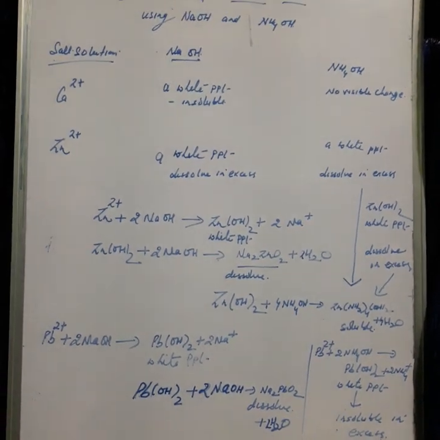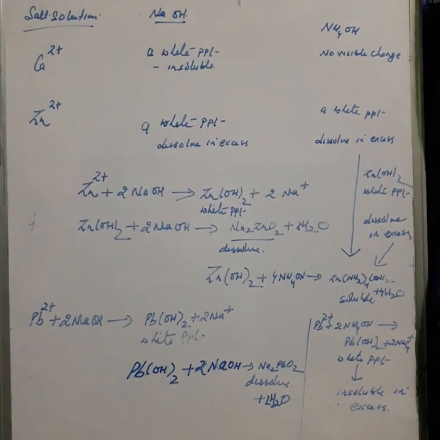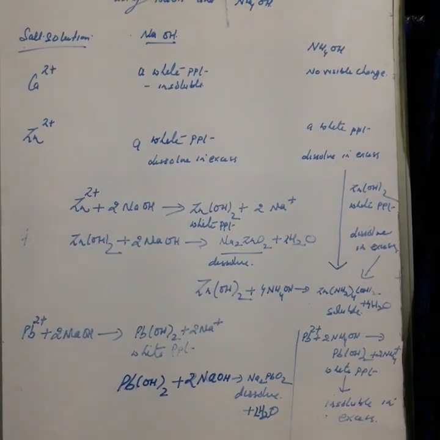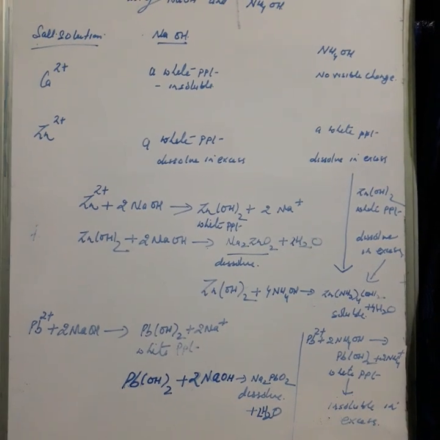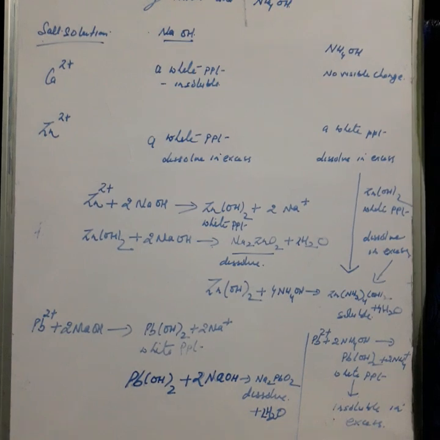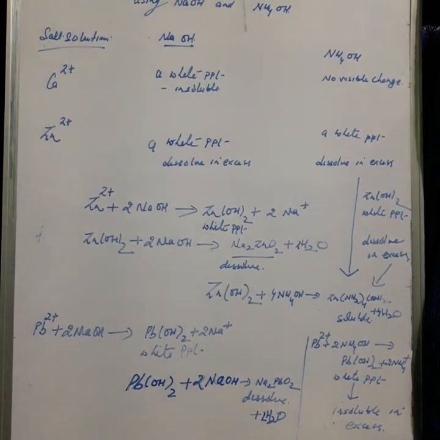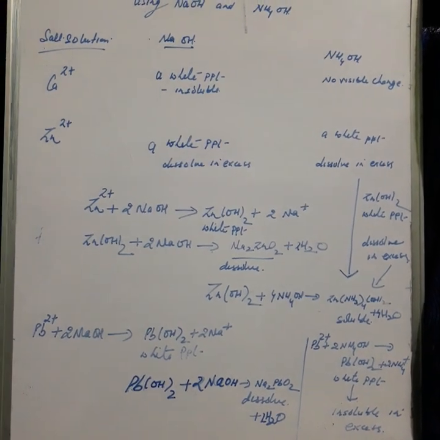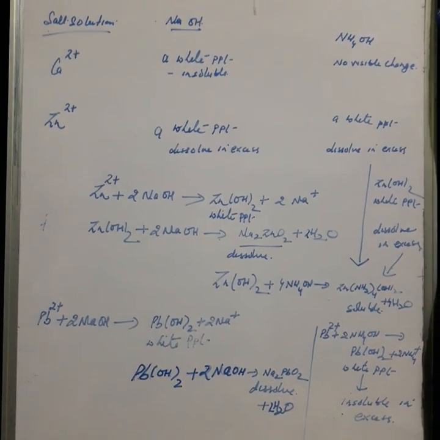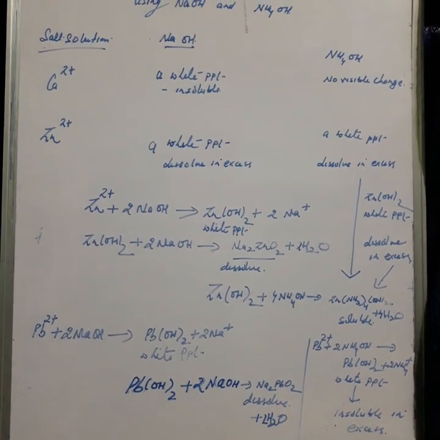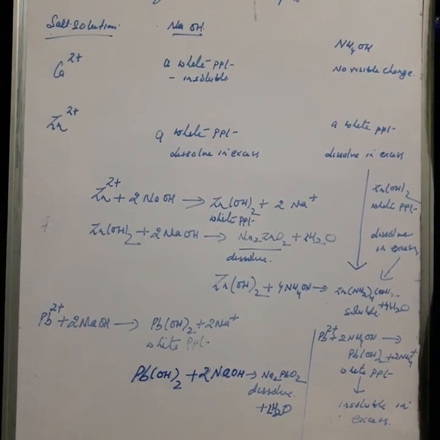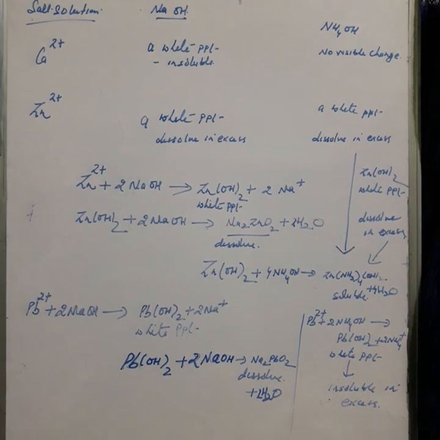Then the last two, ferrous and ferric. Ferrous reacts with sodium as well as with ammonium hydroxide to give a dirty green precipitate which remains insoluble in excess. You will see the same observation in both cases. Whether it reacts with sodium hydroxide or ammonium hydroxide, it will give the same observation, that is a dirty green precipitate which remains insoluble.